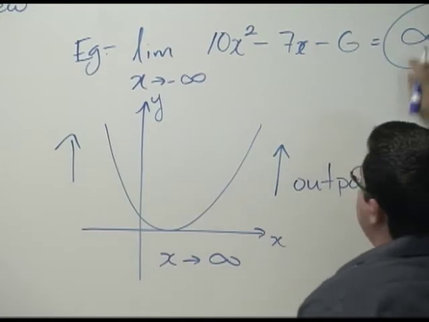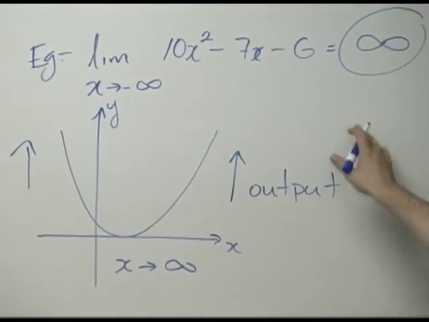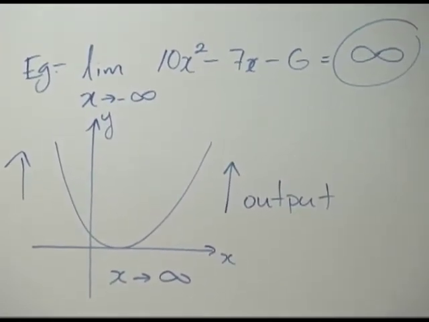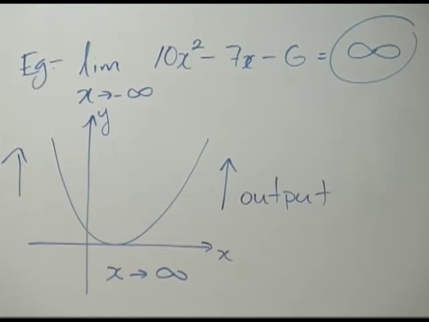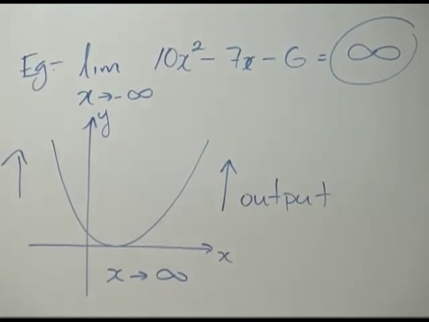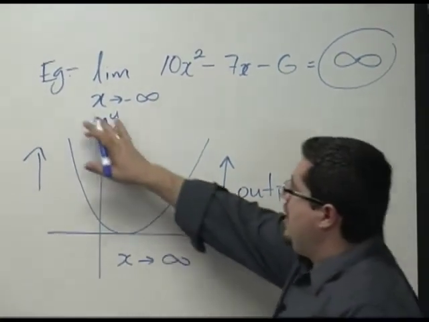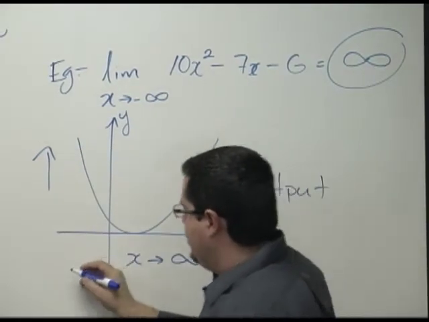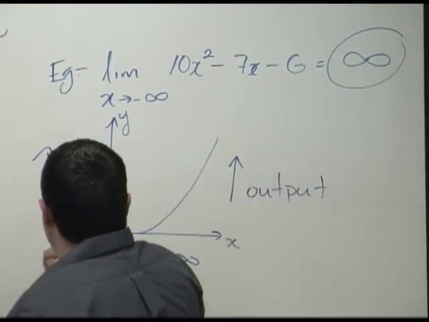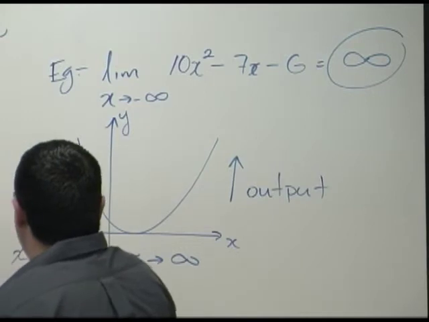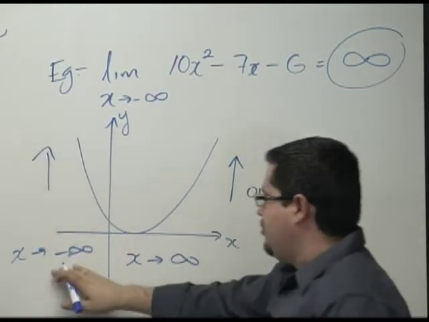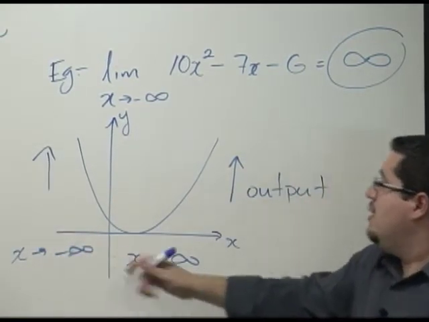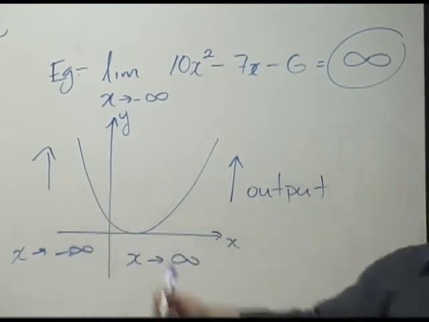Now don't forget that this doesn't mean the limit exists. It doesn't exist. Okay? It's just to note the fact that as x grows without bounds in either direction, the y values or the output values will do the same.